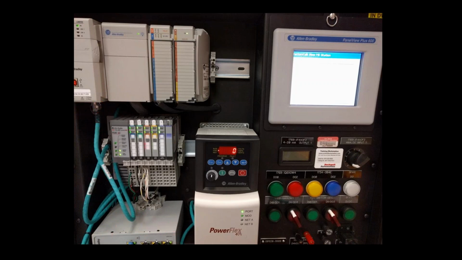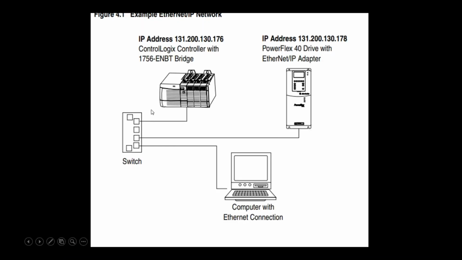And then what takes place is we then have to run a cord from our computer with the Ethernet connection to that switch. Or in our case, more likely, we have to run another cord out of here to the wall.